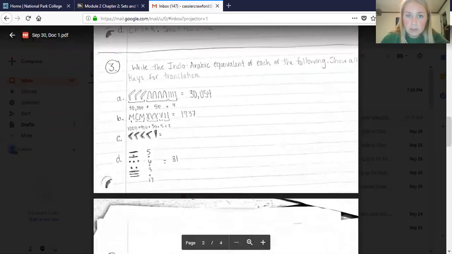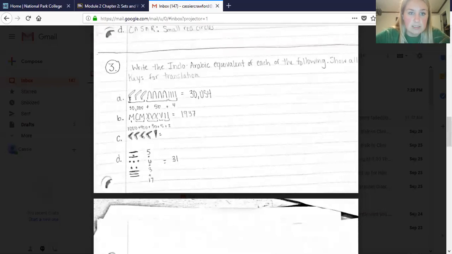So number 3, which is my favorite because it happened to be the topic I did my presentation on, is write the Indo-Arabic equivalent of each of the following and show all keys for translation. So our first one is Egyptian, and these symbols right here represent 10,000.